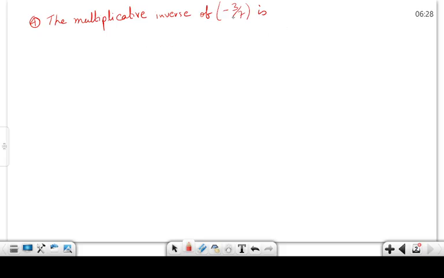We multiply the number by such a number so that the result is 1. That is, if we multiply minus 3 by 7 with 7 by minus 3, we get the result as 1. Therefore the multiplicative inverse of minus 3 by 7 is minus 7 by 3, and the option can be seen as option D. Therefore D is the correct answer.